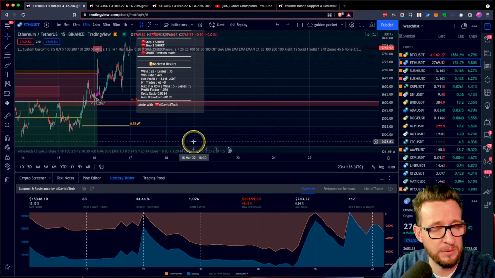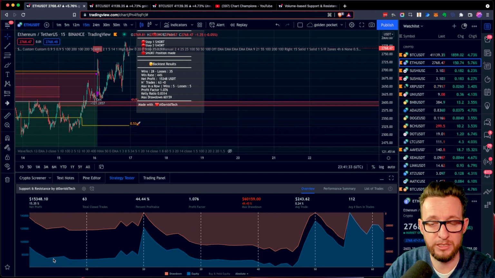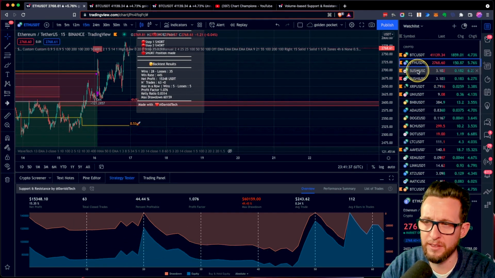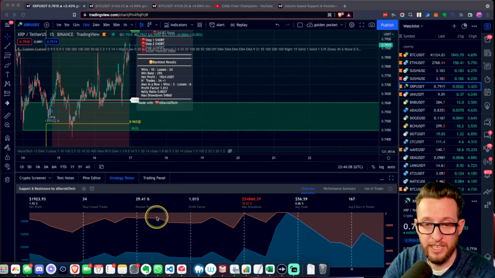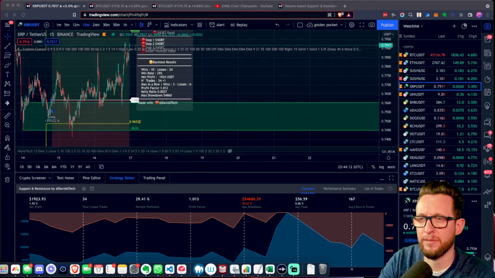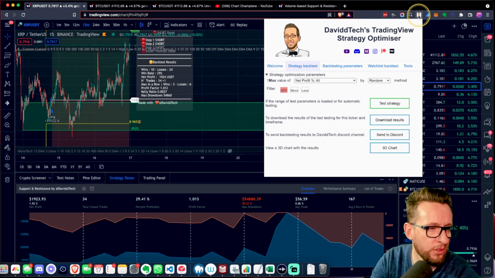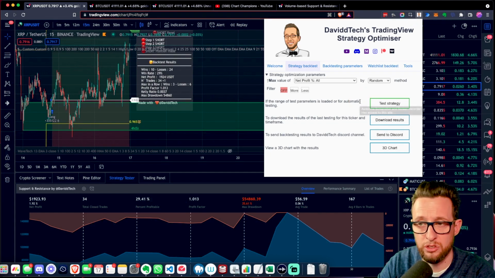So with a bit of optimization, you would get this into something which is much better on multiple coins. If I go over to other coins here, even on XRP, even though the win rate is not good in the slightest, we're still in the net profit. So I do believe that if you use the optimizer to optimize it for each of the pairs, you could actually turn this into quite a good strategy.